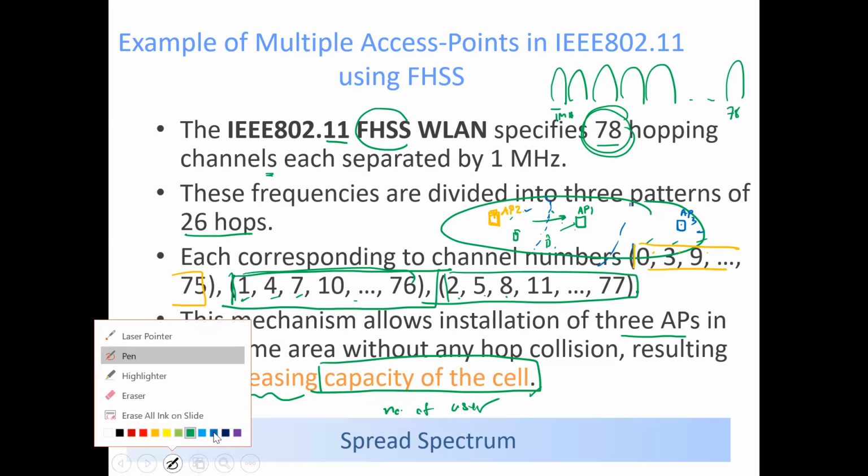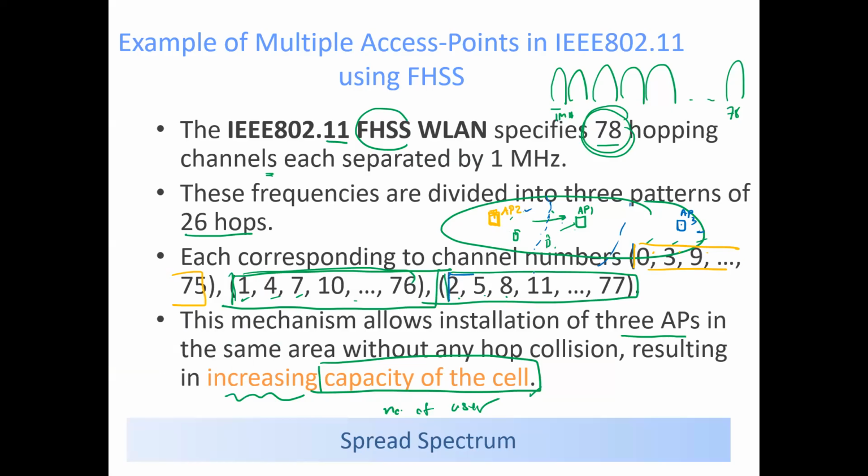And if the device wants to access AP3, it jumps with this frequency hop. So you can increase the number of people, or the capacity of this cell, just by duplicating the access point but choosing a different frequency hop.